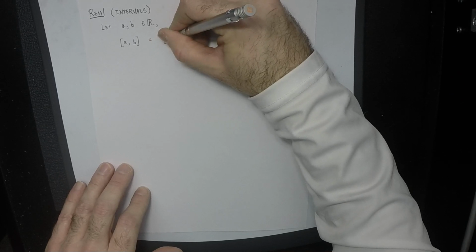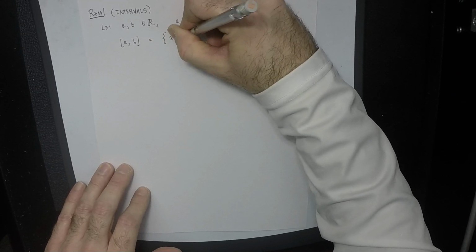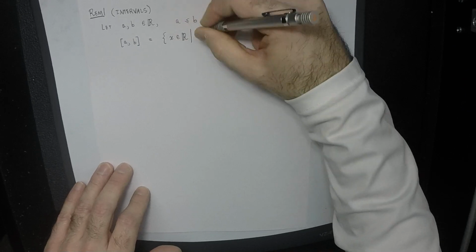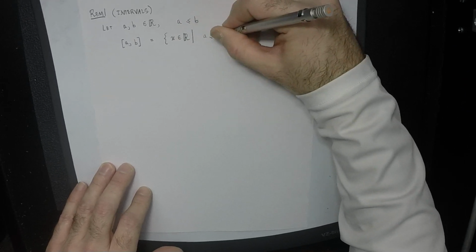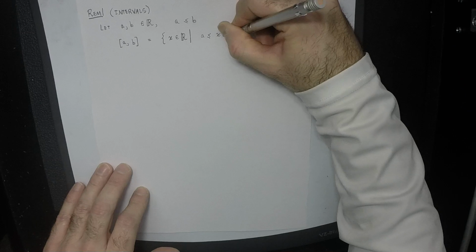Very good. So it's the set of all x in the reals such that A lesser equal x lesser equal B.